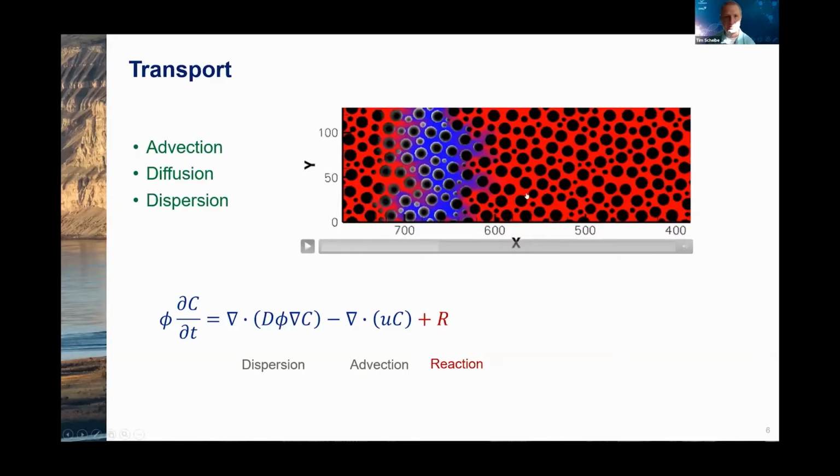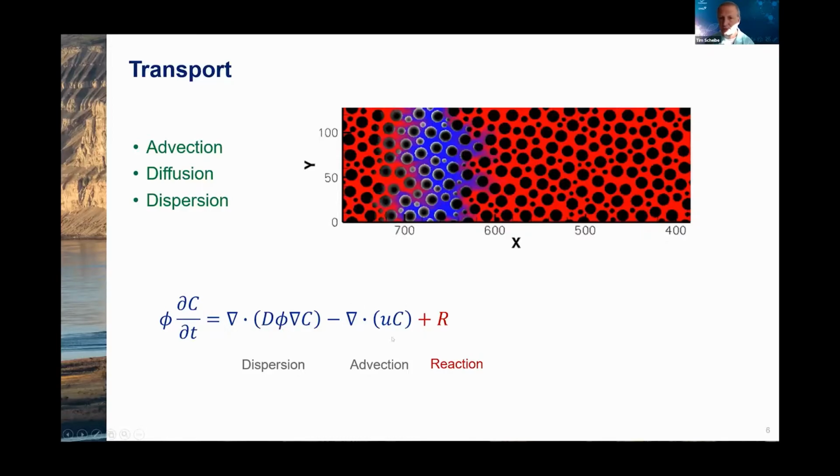Now, if we look at a reactive transport model, a typical model would be formulated looking something like this, where this term represents dispersion, which includes the effects of both molecular diffusion and physical or hydrodynamic dispersion. And that's incorporated into this dispersivity parameter or dispersion coefficient. C in this equation is the concentration of the solutes. Phi is the porosity of the porous medium.